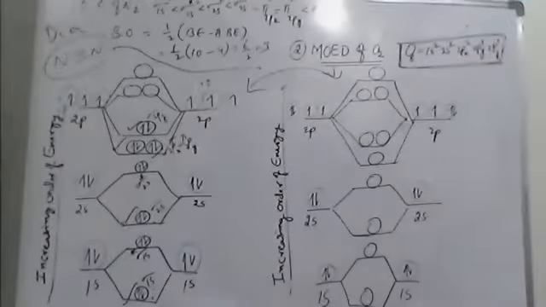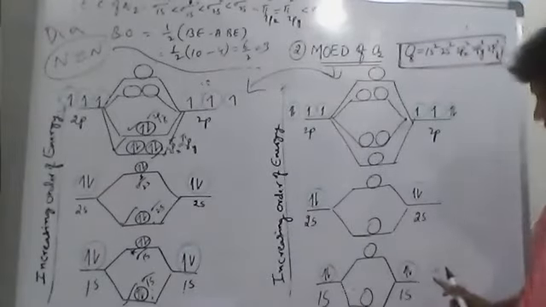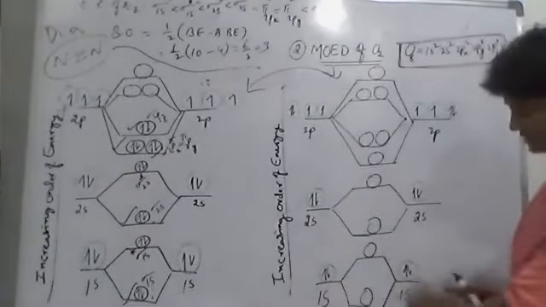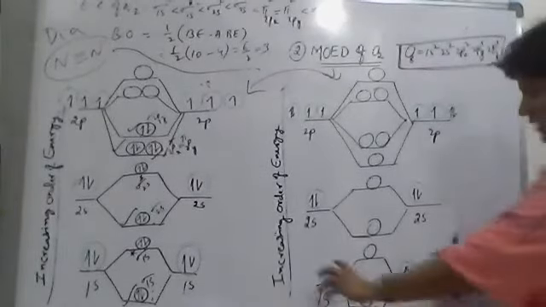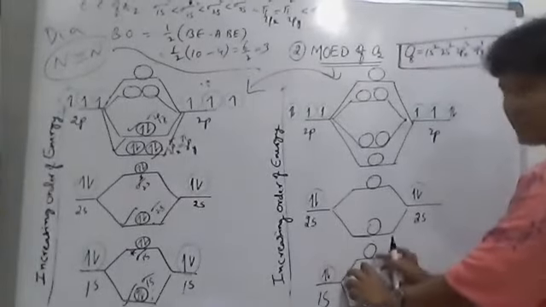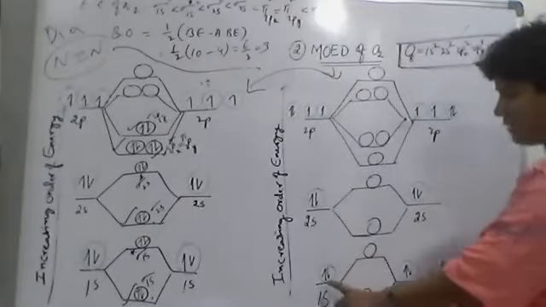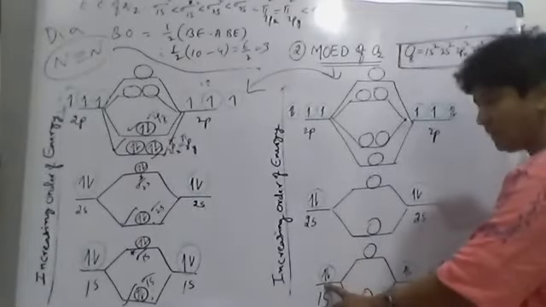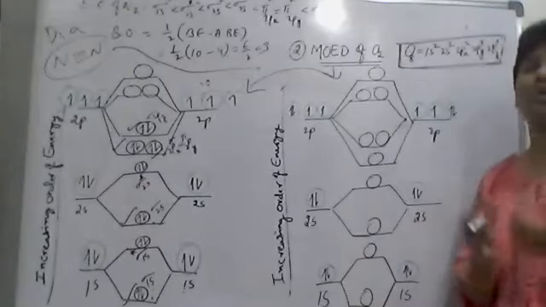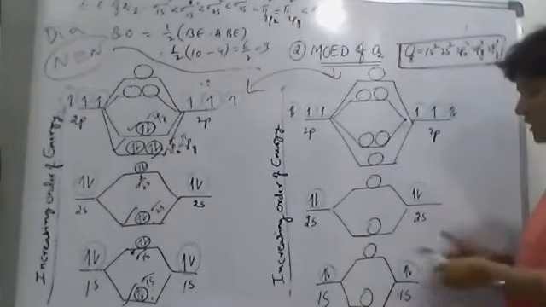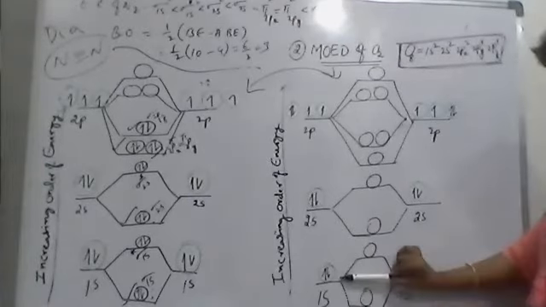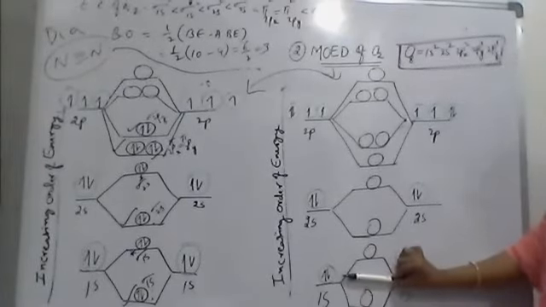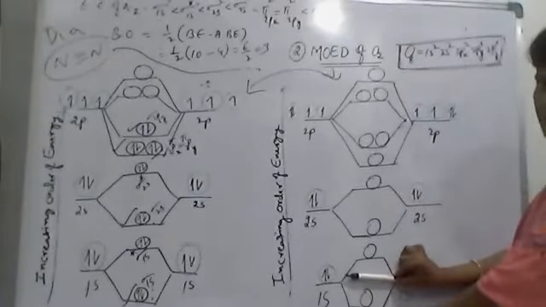So I wrote here the orbitals. Once again, the same: the green shaded circles are atomic orbitals. Atomic orbitals combine to form molecular orbitals. The number of atomic orbitals combining will form the same number of molecular orbitals. Out of these molecular orbitals, half of them will have lower energy than the atomic orbitals, called bonding molecular orbitals.